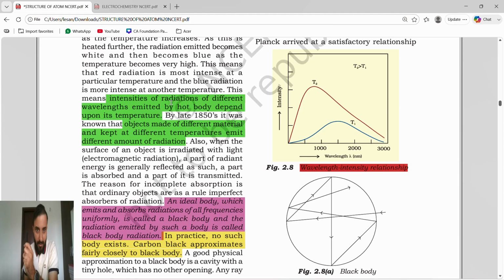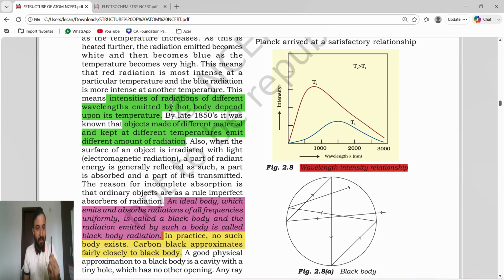If it is more heated, the intensity of radiation coming out is of high intensity. So in object B, which is more heated, the intensity is very high because it is more heated.